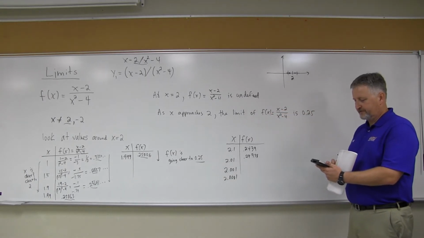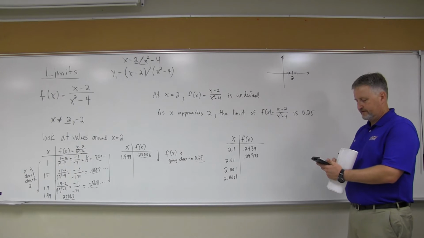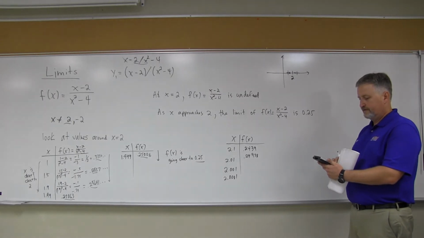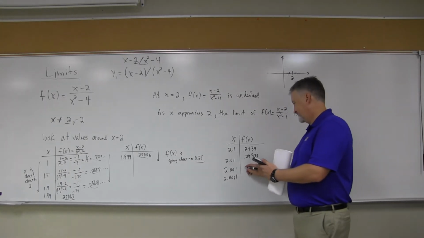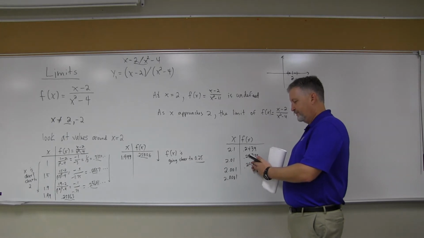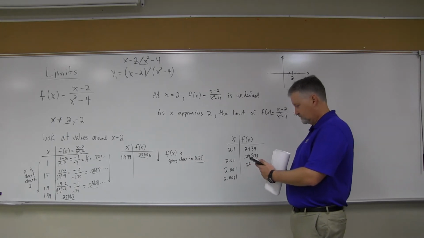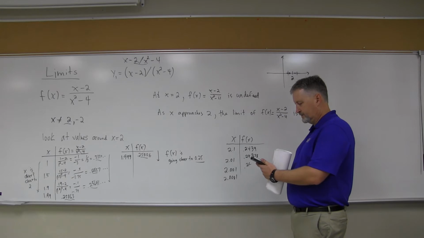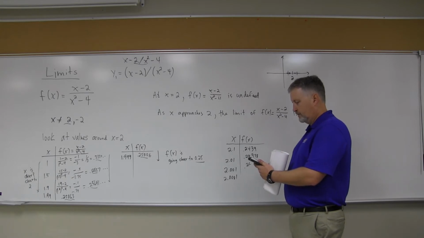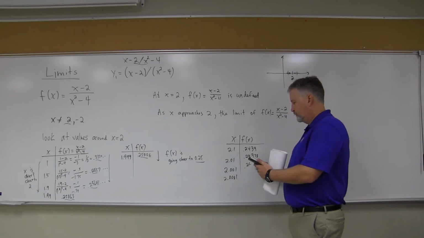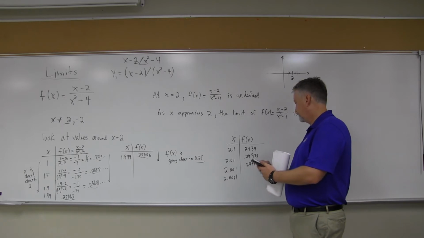All right, so we'll see what those two do. Ah, yes. All right, two good ones. 2.001 is 0.24994.